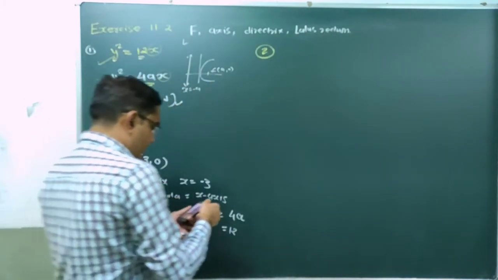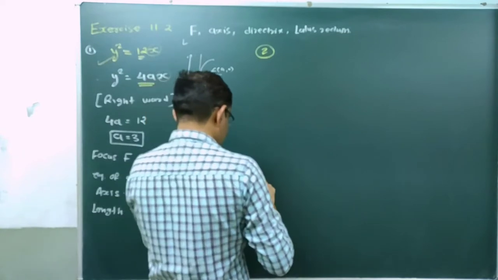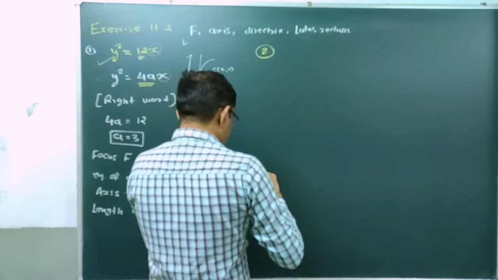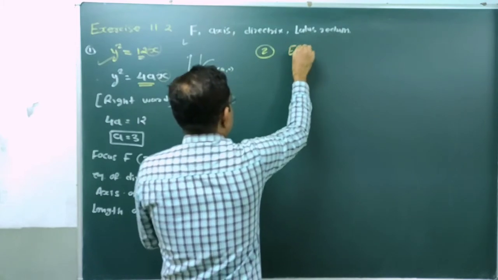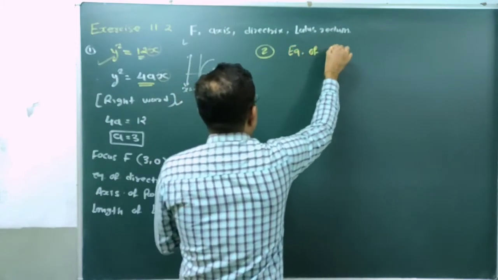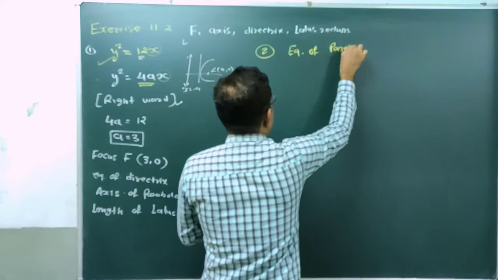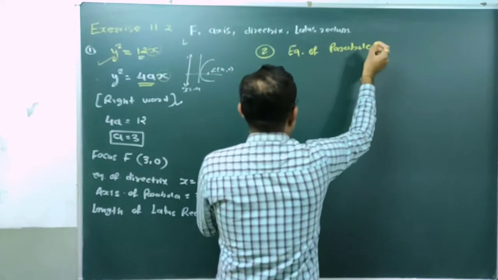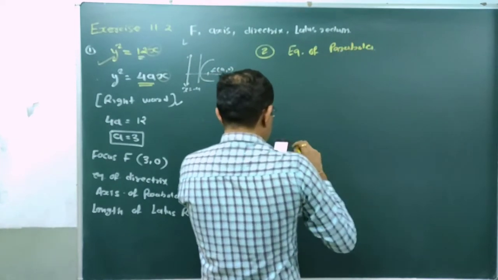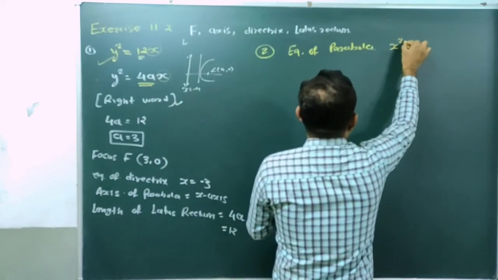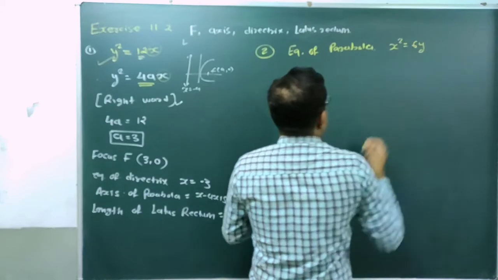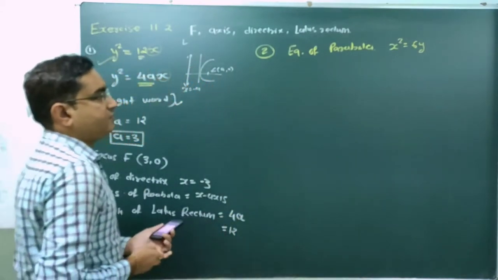So here the equation of parabola is x square equal to 6y. Now, which form is there?